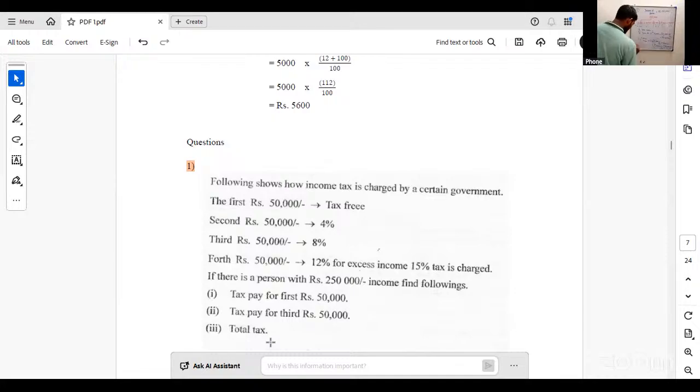So the total tax he has to pay is 0 plus 2,000 plus 4,000 plus 6,000 plus 7,500. The answer will be Rs 19,500. This is the answer for the third part of question number 1.